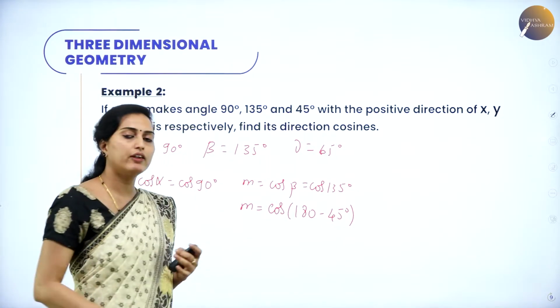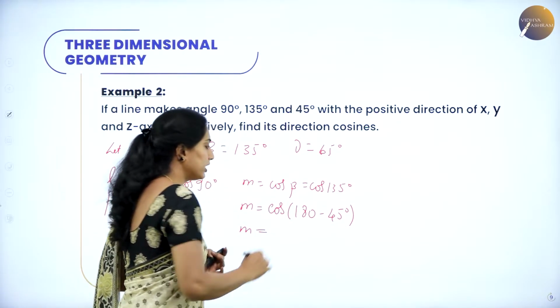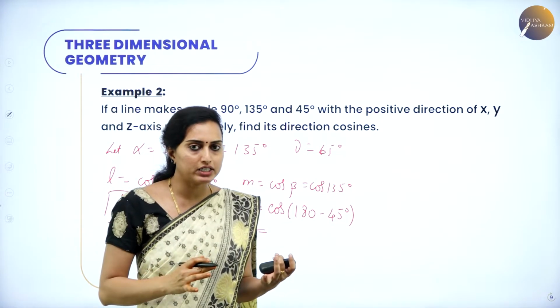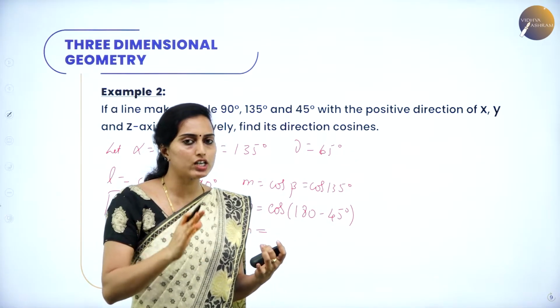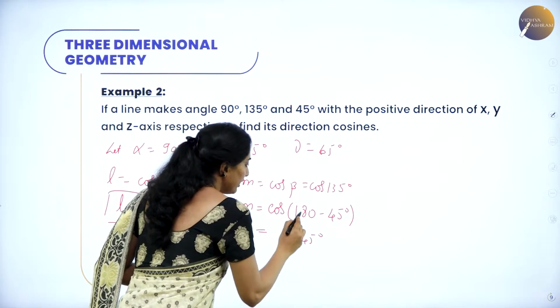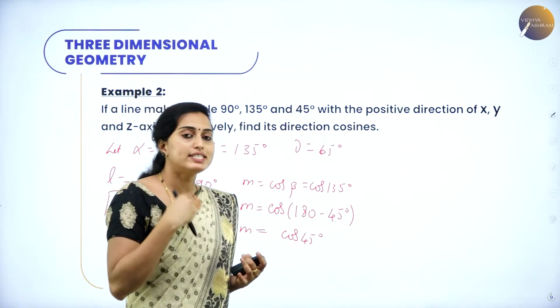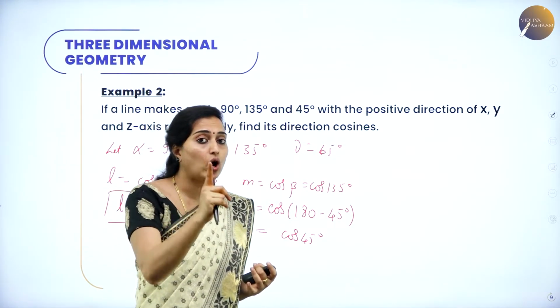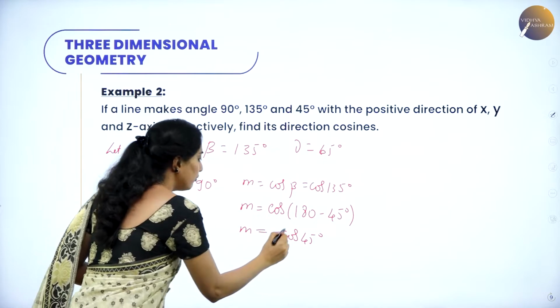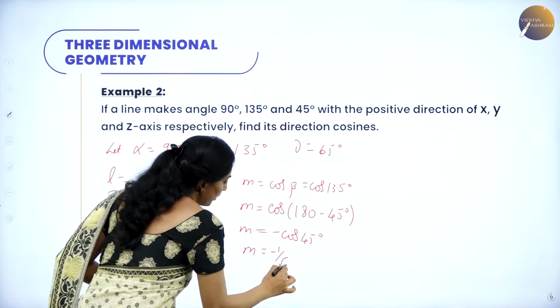But what is cos of 180 minus theta? It will be cos only, so first let us write down cos 45. And 180 minus theta falls in which quadrant? It falls in the second quadrant. In the second quadrant, cos is negative. So negative cos 45 degrees. So what is the answer you are getting? M is equal to minus 1 by root 2.